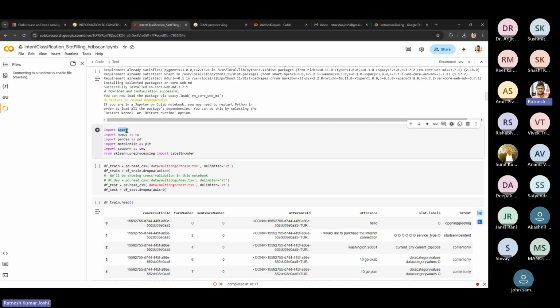So a list is treated as an array, but a list can have values of different data types as well, right? So in order to process data efficiently, we need arrays of numbers. So NumPy allows us to use those arrays of numbers and speeds up all the processing substantially. So that is the general idea of why we use NumPy.